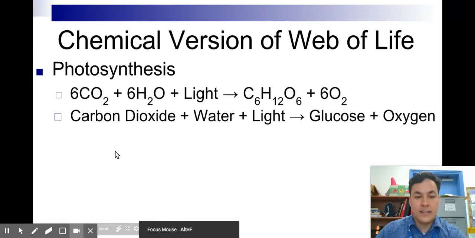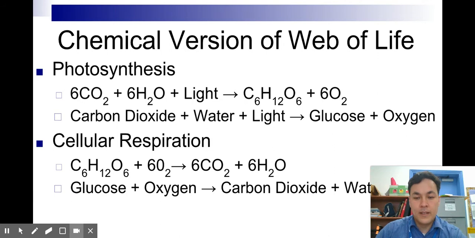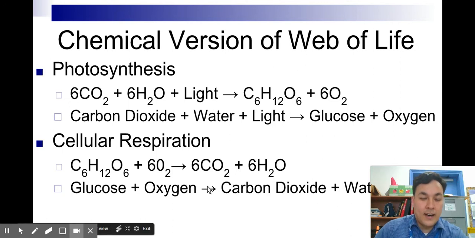So let's go on and see the chemical version of the web of life. And this will really show you what we're talking about. Carbon dioxide plus water plus sunlight in plants, in the chloroplast, gives you glucose and oxygen. Notice how we take that glucose and oxygen in cellular respiration. We use that to break down glucose into carbon dioxide, water, and energy.